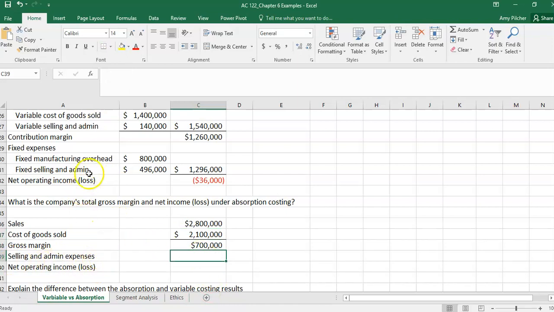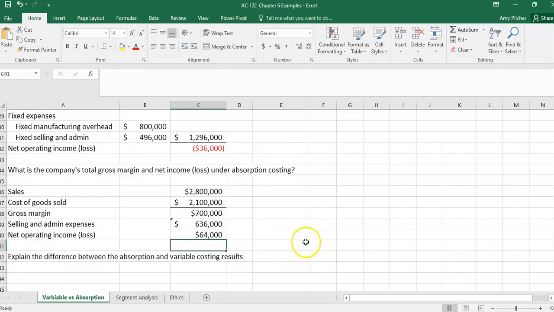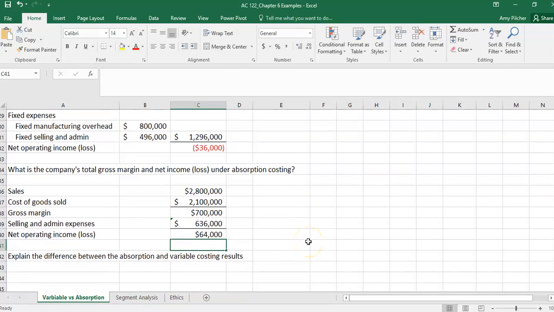So we have both our fixed selling and administration and our variable selling and admin. So our fixed plus the variable amount for selling and administrative expenses. Under absorption costing, we have net income of $64,000.